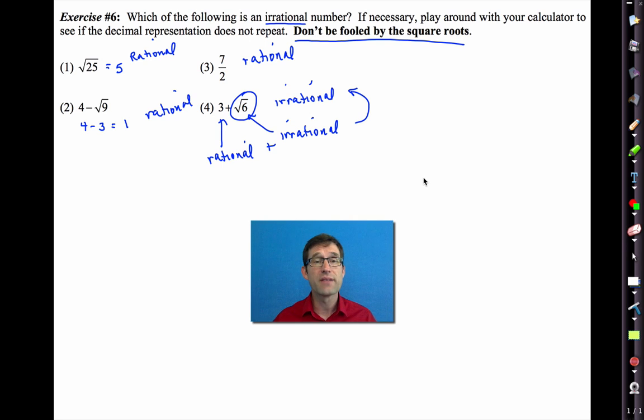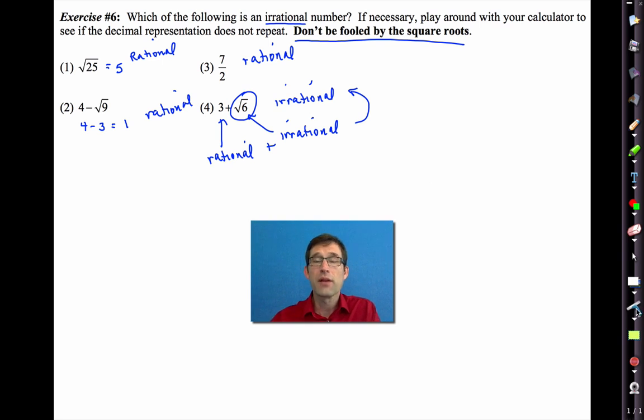You can do that by typing each one of these 4 into your calculator, and what you'd see is that the only one that would even have a non-terminating decimal would be number 4. All the other 3 would actually terminate. You'd have 5.0, 1.0, and 3.5. The fourth one, though, would be non-terminating and non-repeating.